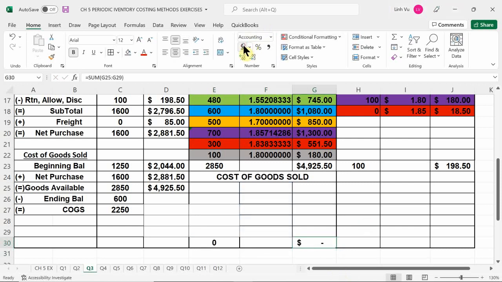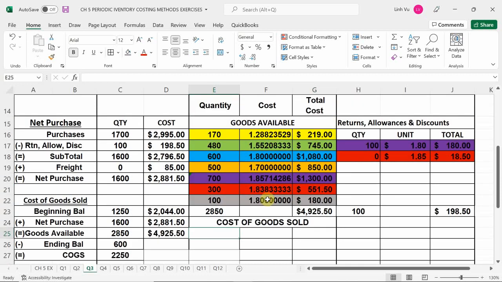Okay. And let's follow the rules of FIFO. Okay. So which batch of inventory am I going to sell from first?